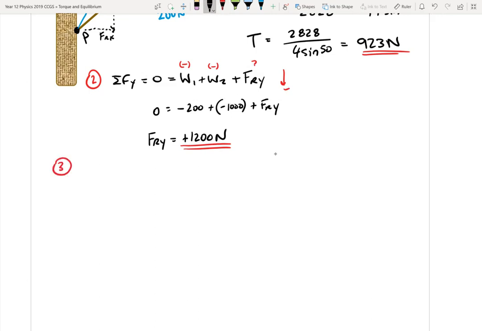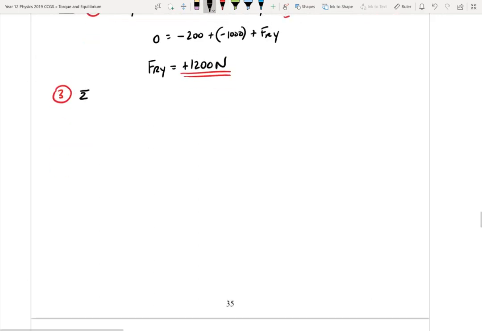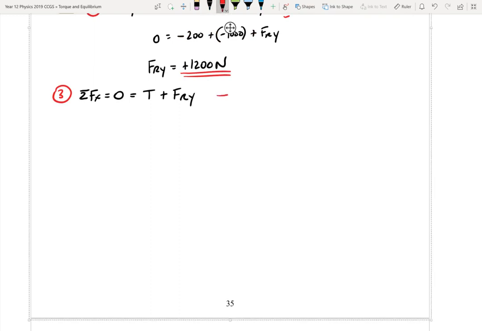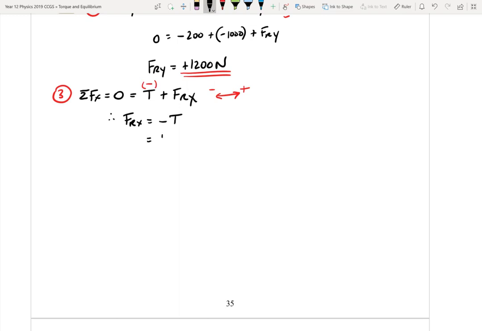Now let's bring in step 3. This one's a little bit easier. The sum of all forces in the x equals 0, which is equal to T plus FRX. I might say that left is negative, right is positive, in which case in our diagram tension is negative. Therefore, FRX equals negative T equals plus 923 newtons.